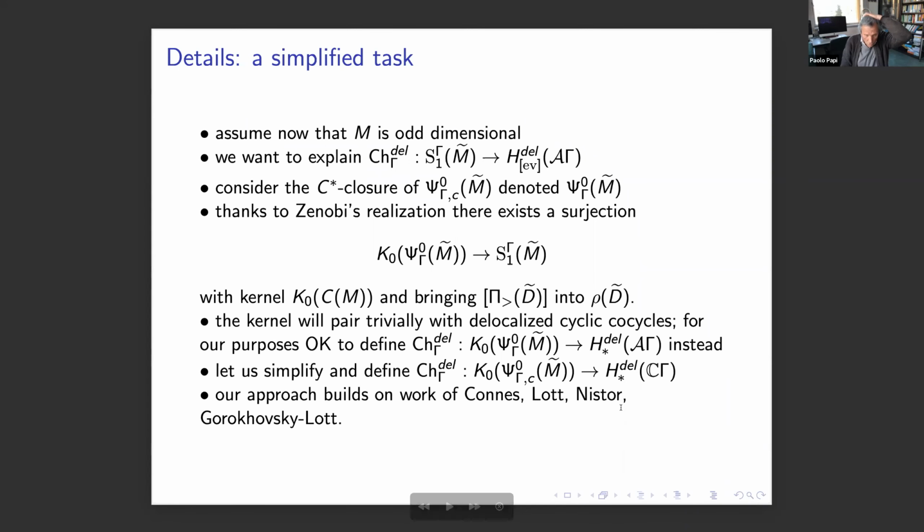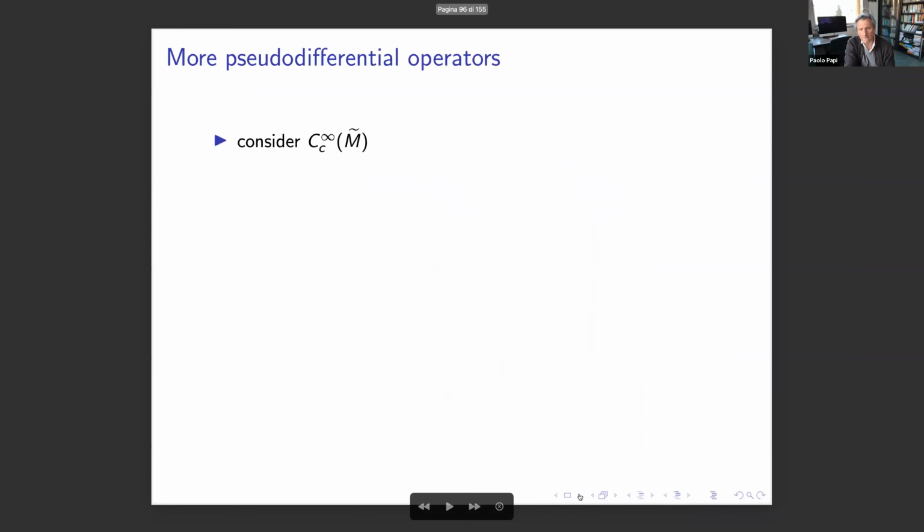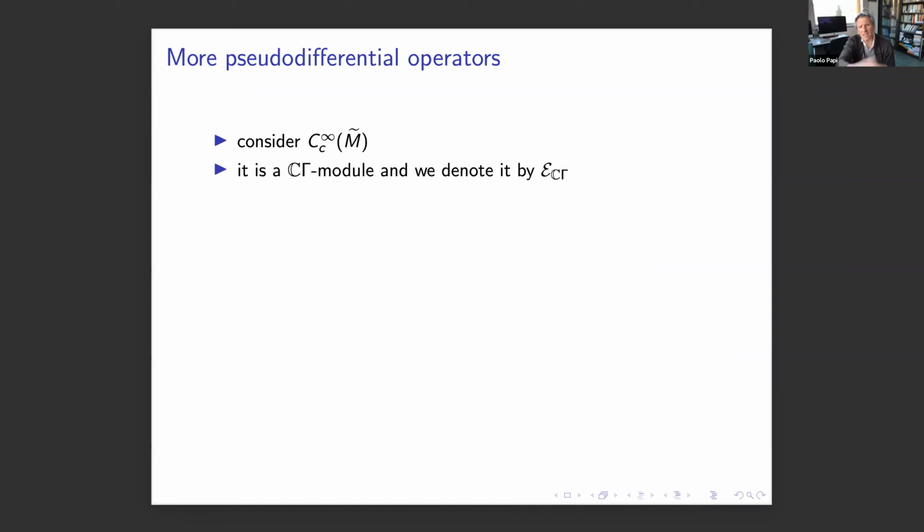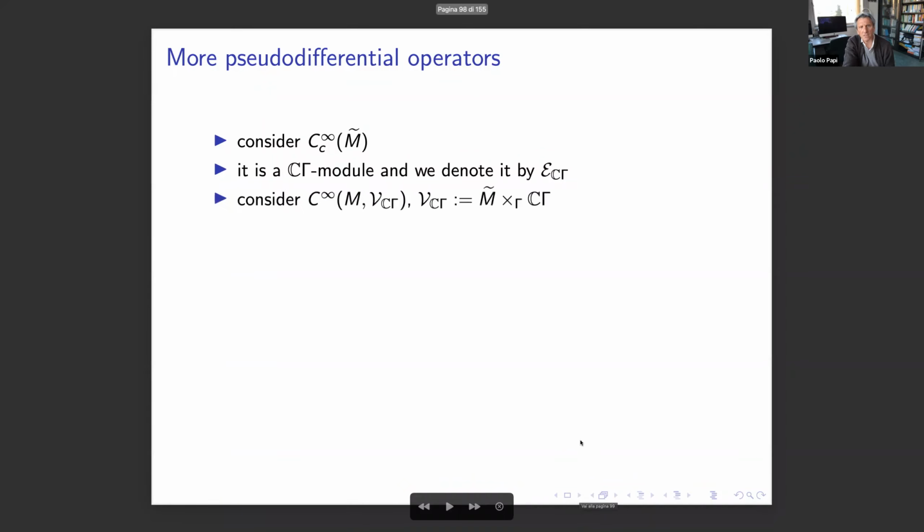Our approach builds on work of Alencon, Lott, Nistor, and Gorokhovsky-Lott. So let me start. Let me take the C infinity functions on M tilde. Really, I'm taking the sections of a bundle, but let me forget about the bundle for the sake of simplicity. This is a C gamma module, and this is my notation for it.